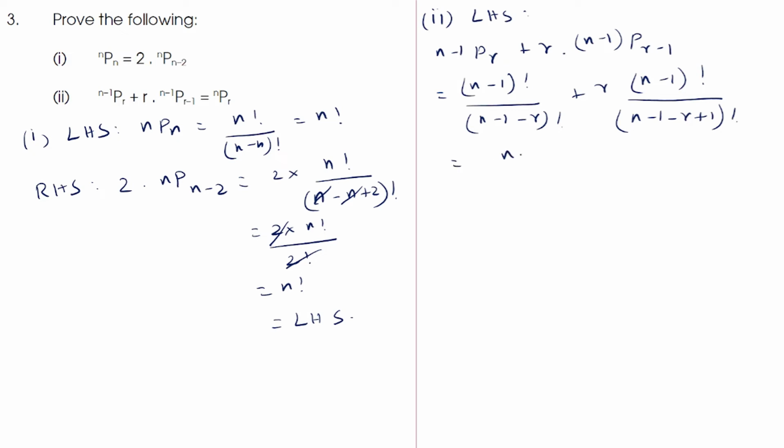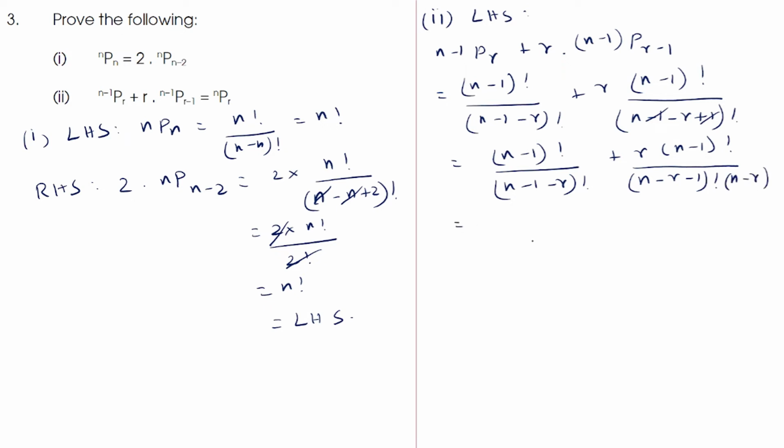So this is equal to (n minus 1) factorial upon (n minus 1 minus r) factorial plus r into (n minus 1) factorial upon, here minus 1 plus 1 will go, this (n minus r) factorial we can write as (n minus r minus 1) factorial into (n minus r). So that the LCM will be (n minus r) factorial.